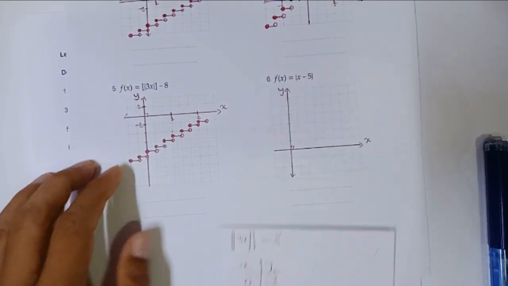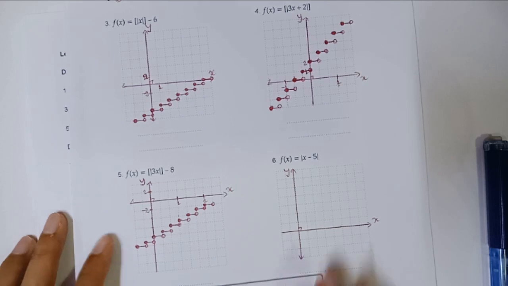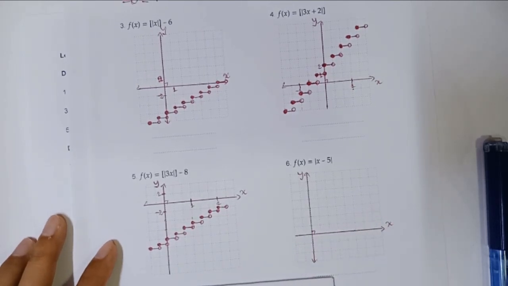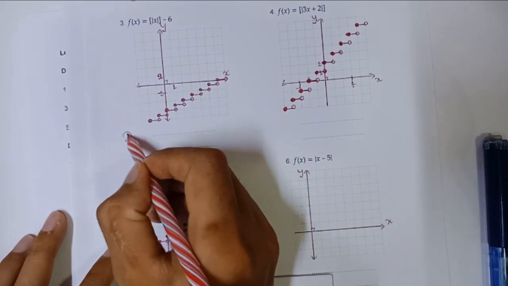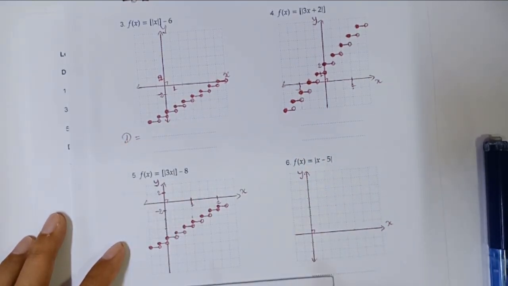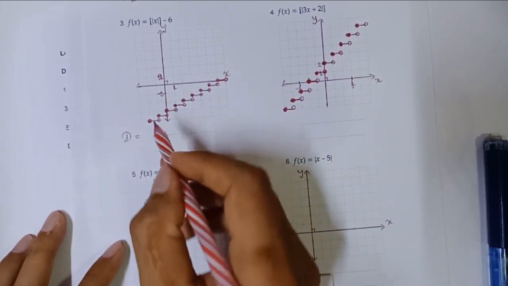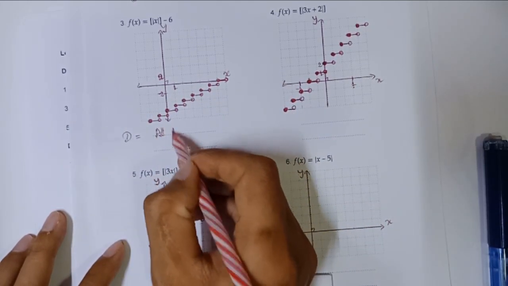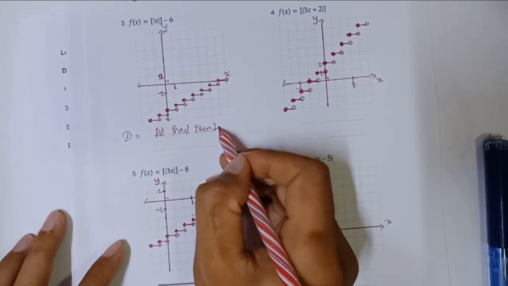Okay, now before we go further, let's find the domain and range first. For the domain, as you can see, it extends in this direction and that direction, so it is all real numbers, positive or negative.